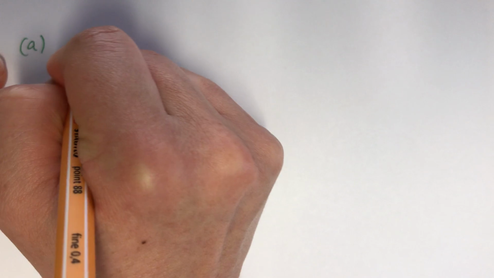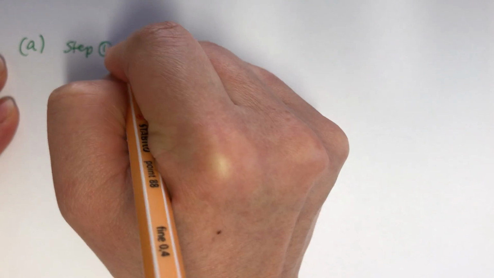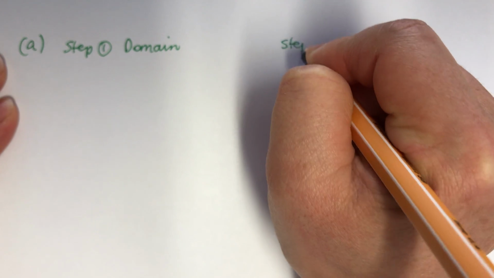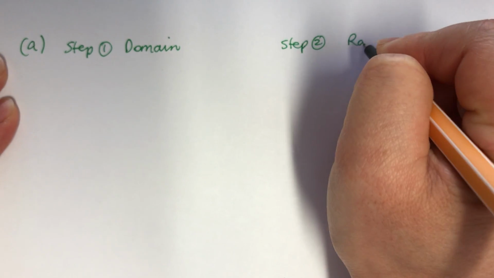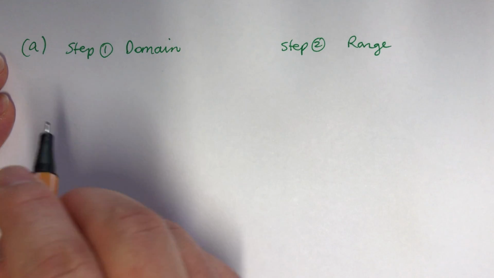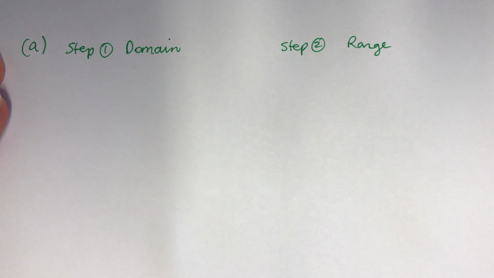So step 1 is find the domain, and of course step 2 we find the range, and then remember the graph.